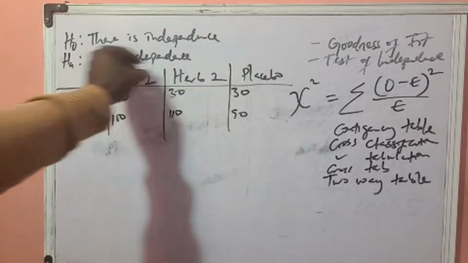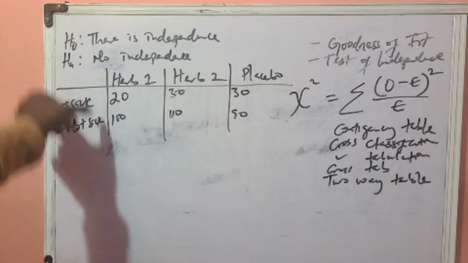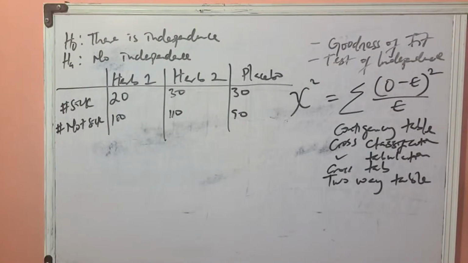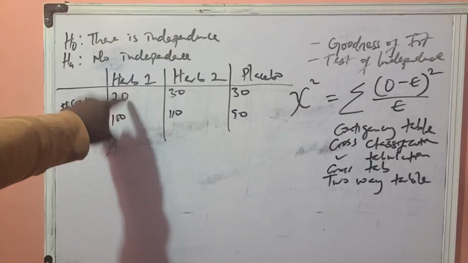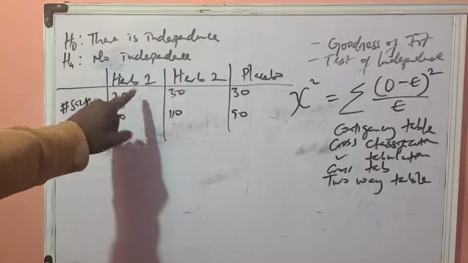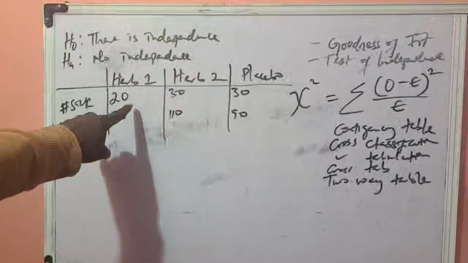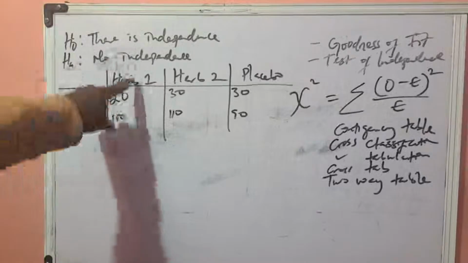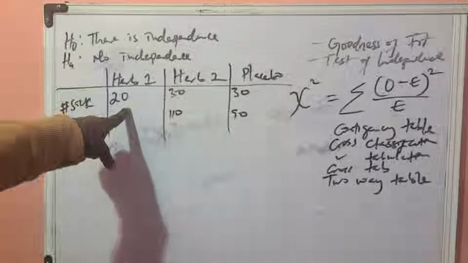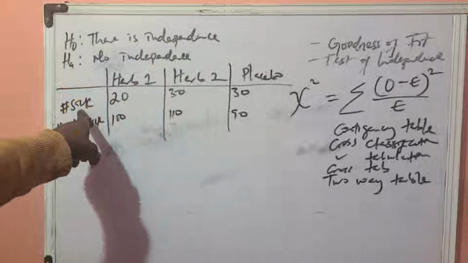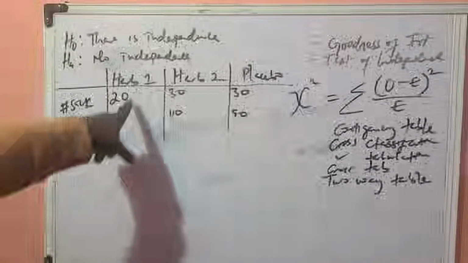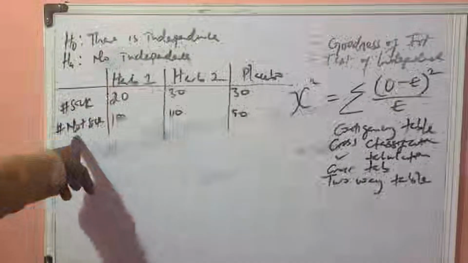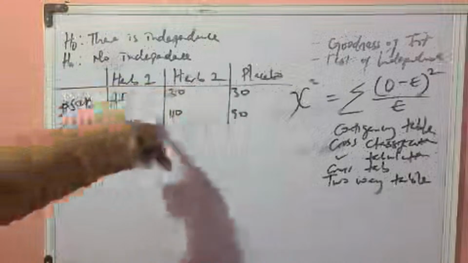So when you have something being tabulated against something, this 20 right here doesn't stand for just Herb 1 alone. You cannot just look at 20 as representative of Herb 1. No, 20 represents Herb 1 and sick. 100 represents Herb 1 and not sick. 30 represents Herb 2 and sick. So that's the way you read a table like this.